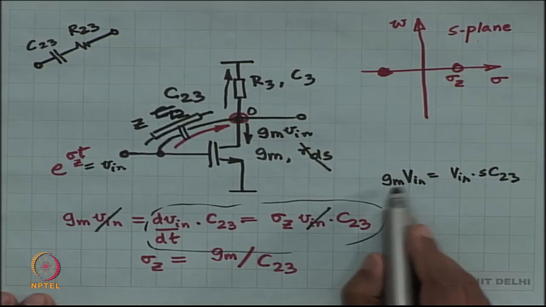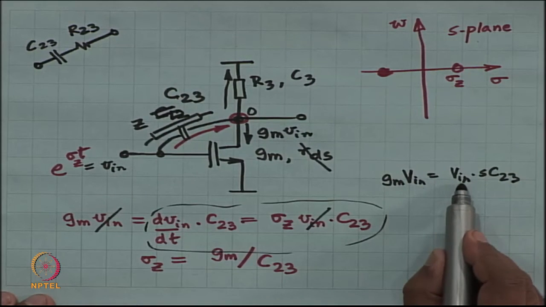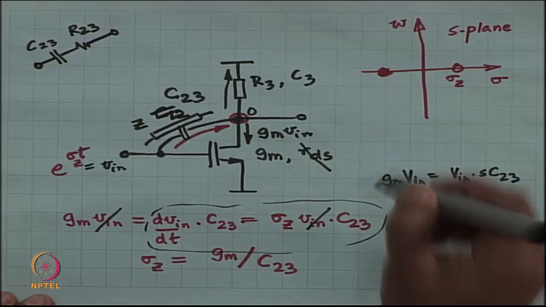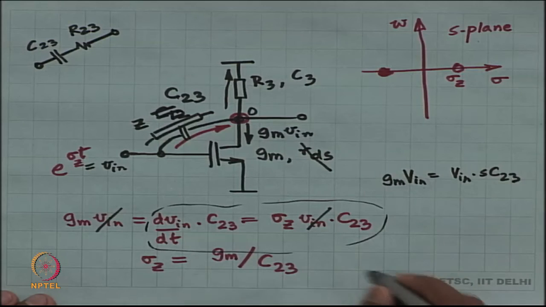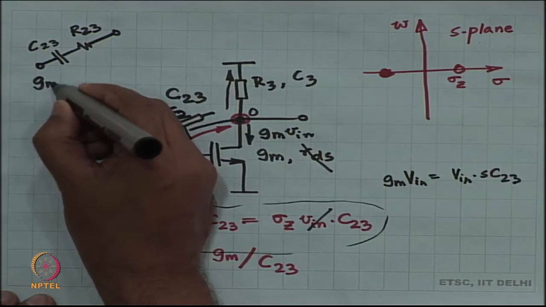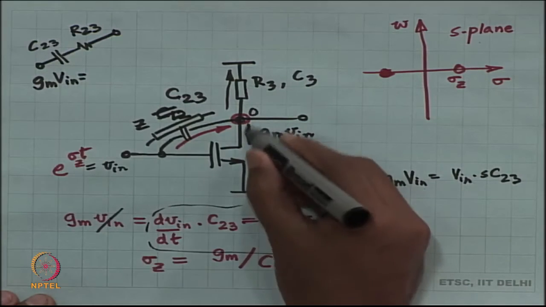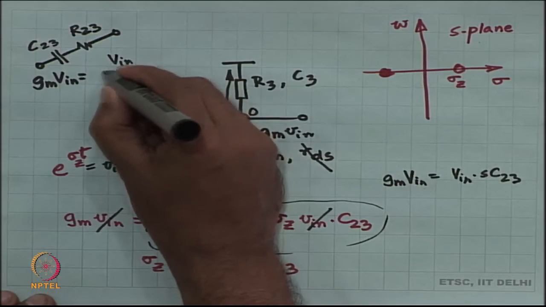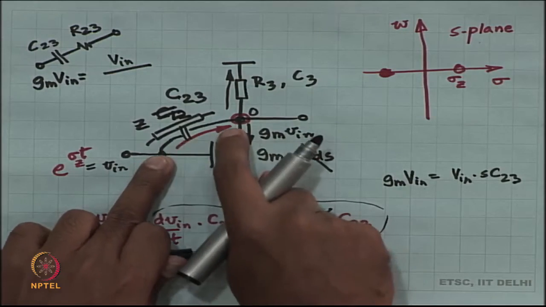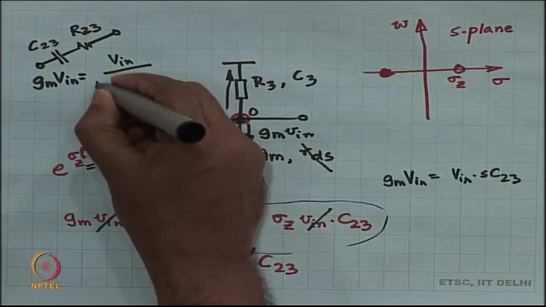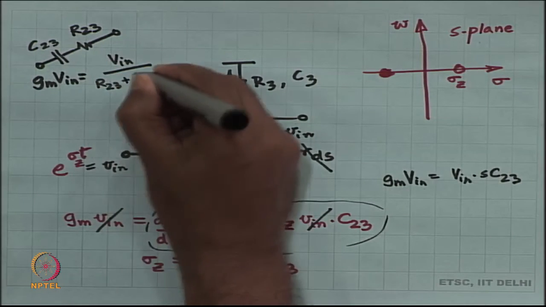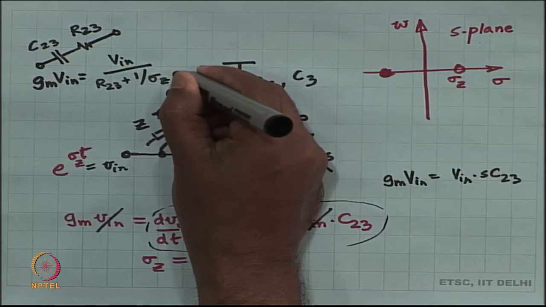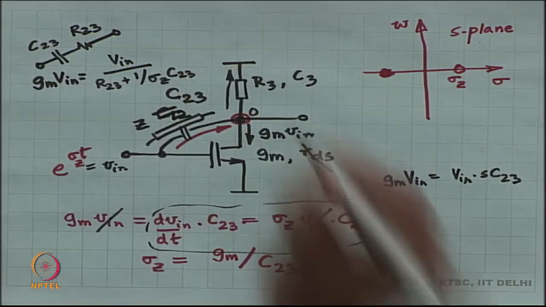G m V in, this current, is equal to V in by the series combination of this R23 plus 1 by sigma z C23.